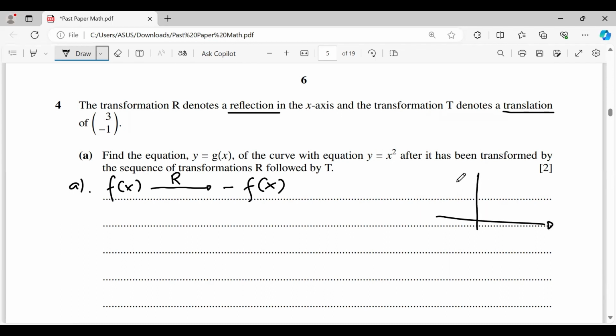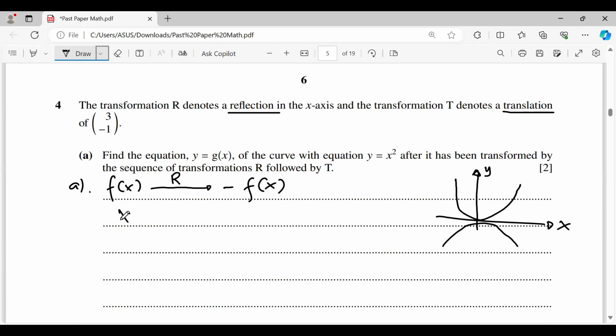If this is the curve, the graph, the transformation of the graph is like this because x is the reflector. So the reflection of this graph will be like this, the opposite of this curve, the reflection in the x-axis. So therefore f(x) through this reflection becomes minus f(x), right?